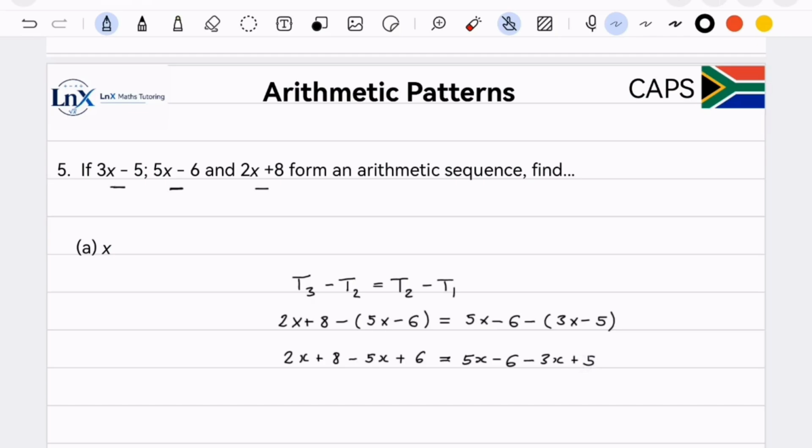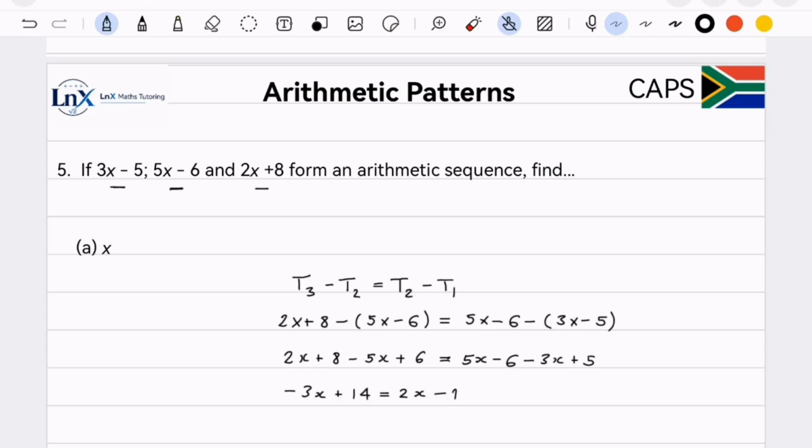Then 2x minus 5x, that will give us minus 3x. Then 8 plus 6, that will give us 14. Then we know 5x minus 3x will give us 2x, minus 6 plus 5 will give us minus 1, right?